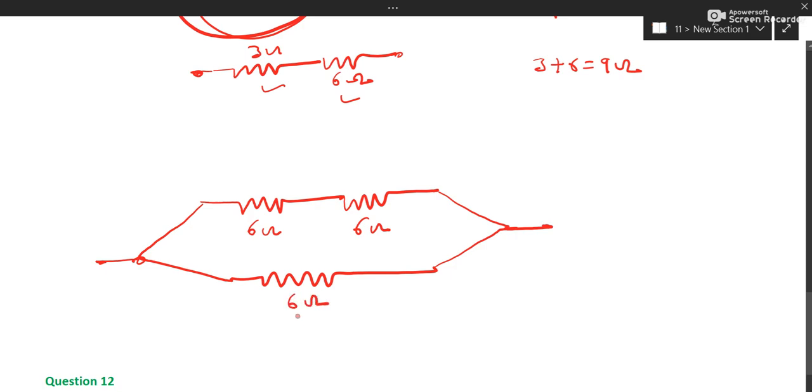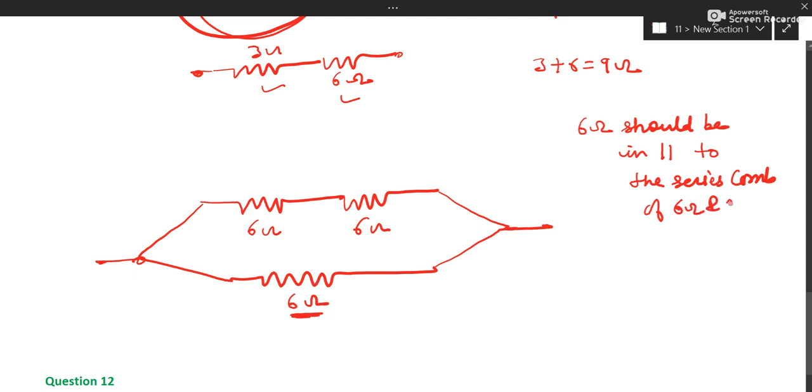So how would you say the third 6 ohm should be parallel? It should be connected in parallel to the series combination of 6 ohm and 6 ohm.